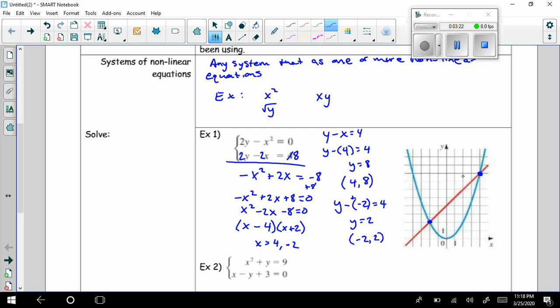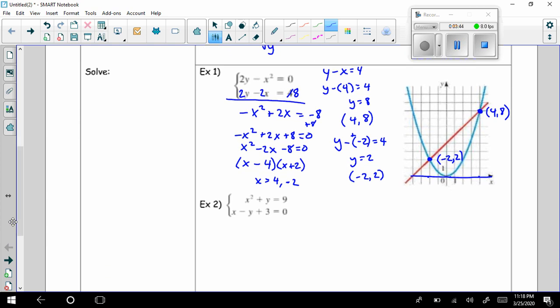And so I can check that on my graph here. Here's my axis. So here's the point negative 2, 2 is this point here. And then 4, 8 is this point here. And so you can see where those cross on the graph. So it's really combining what you know about solving quadratics and nonlinear equations into a system.